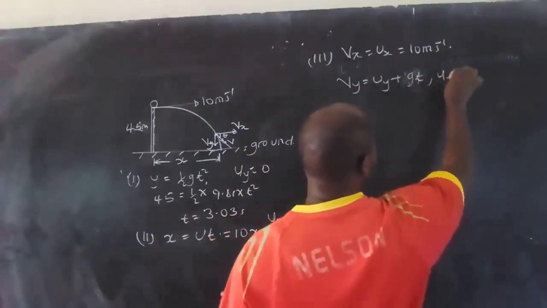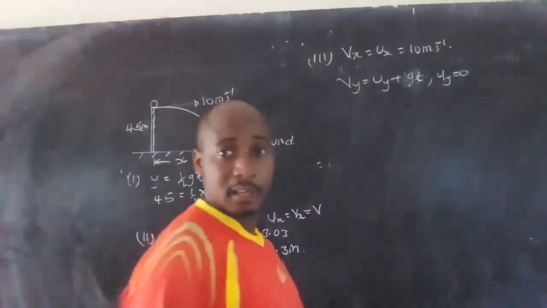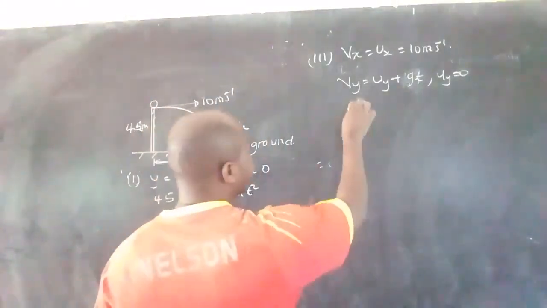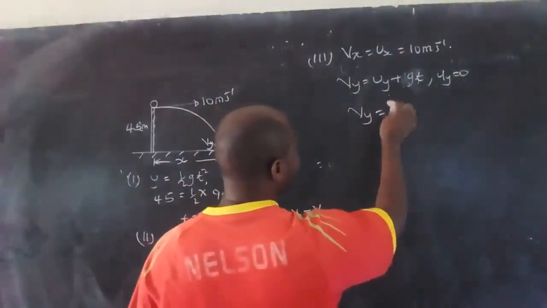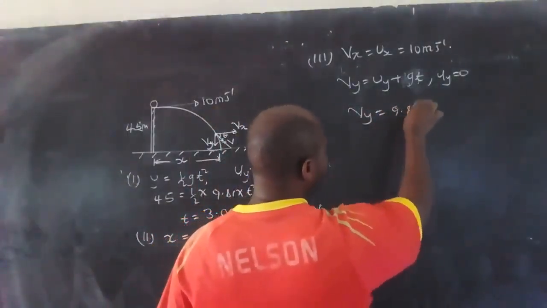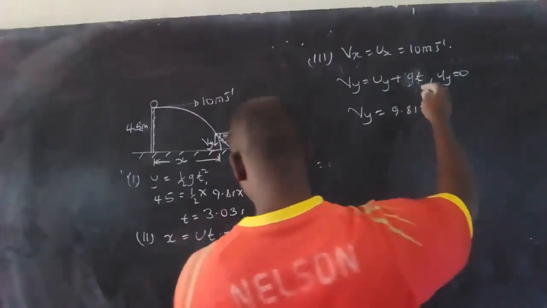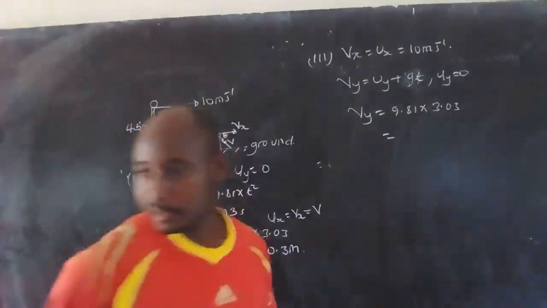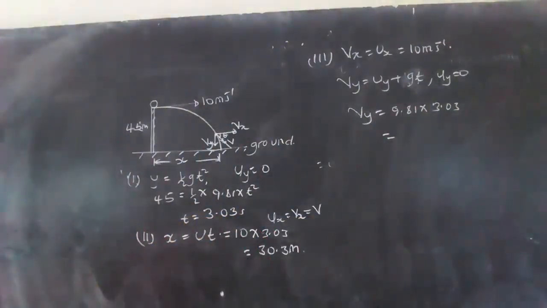But remember our uy is equal to 0, there is no initial vertical component. So our vy will become 9.81 times time. Our time is 3.03, which gives us vy as 29.72 meters per second.